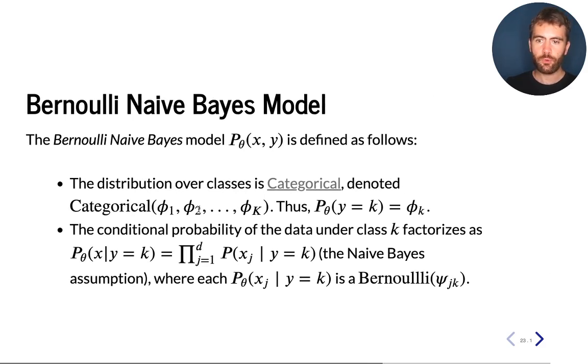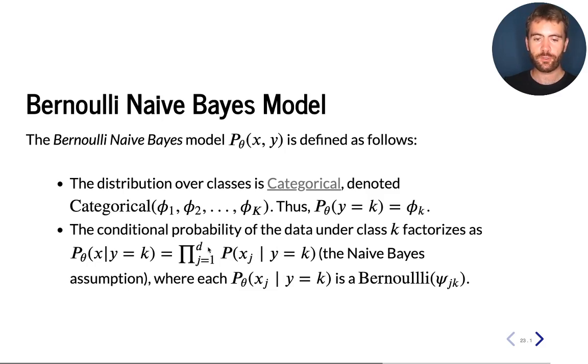And then we proposed a particular model over this kind of data where X is a vector of binary features and Y is a class. We have proposed the following model, which has two components. The first component is the probability over the Y's, which is here, and this is a categorical distribution, same as in Gaussian discriminant analysis. And then the conditional probability of the data under class K has the following form.